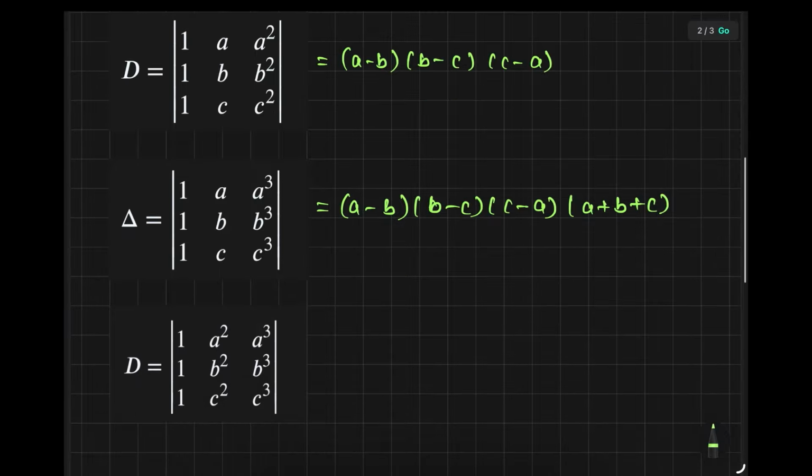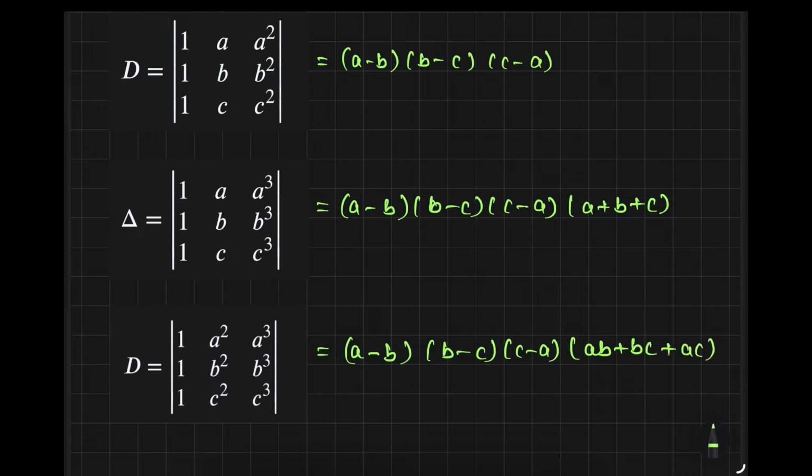Okay, and we have also calculated the value of this thing. It goes this way: (a minus b)(b minus c)(c minus a) and (ab plus bc plus ac), correct? So this factor is common everywhere.